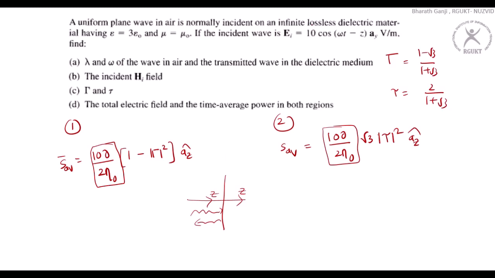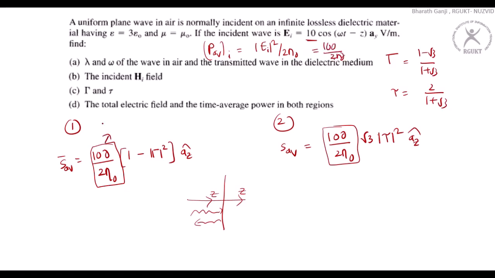We can see that the electric field magnitude is 10. Because it's a uniform plane wave, we know that the time average power carried by the incident wave is nothing but the magnitude of the electric field squared divided by 2 eta naught. So that is 100 divided by 2 eta naught.